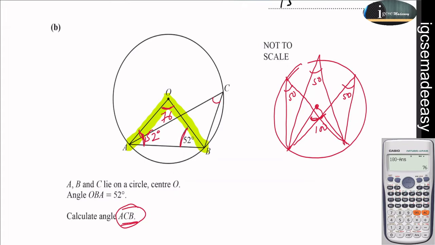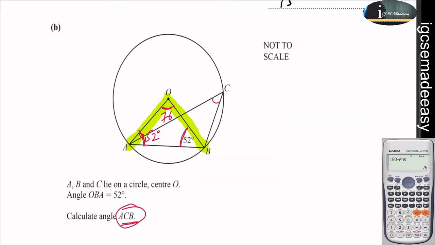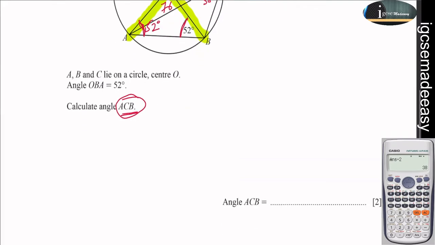Okay, so the concept is like that. So 100 means half of that. In the same way, here in this question it is 76. So half of that is what? 76 divided by 2 is 38. So the angle at the center will always be double.